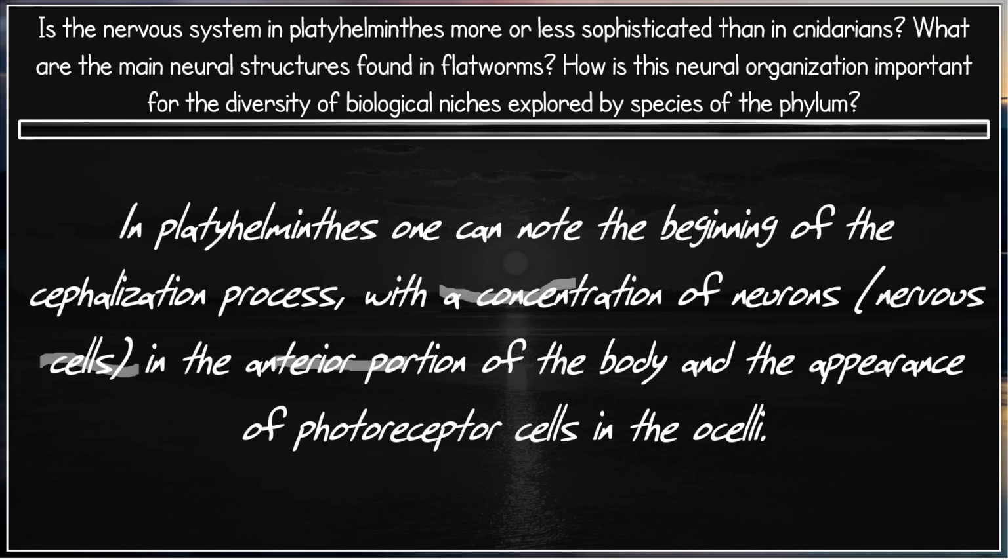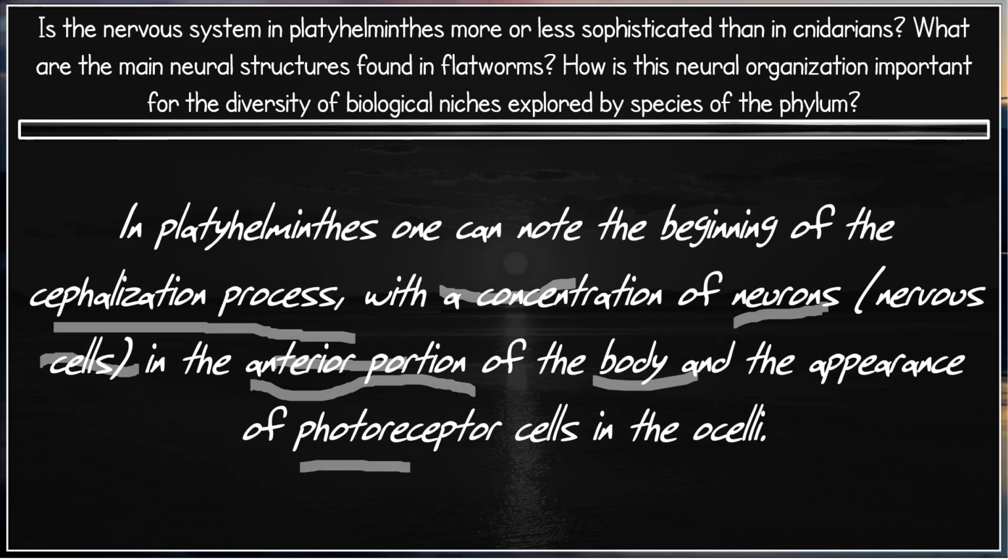In Platyhelminthes, one can note the beginning of cephalization process with the concentration of neurons, that is the nervous cells, in the anterior portion of the body, and the appearance of the photoreceptor cells in the ocelli.